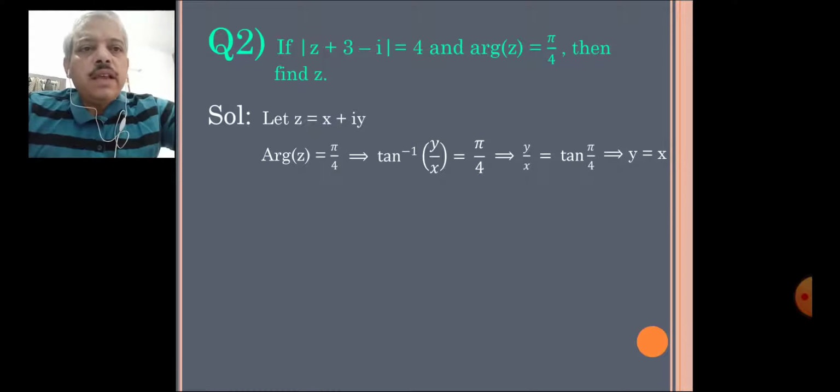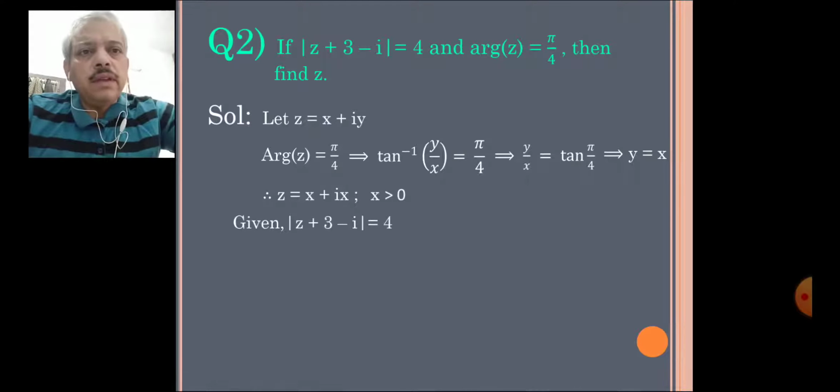So if we replace y with x in the complex number z is equal to x plus iy, we get z is equal to x plus ix, where x must be greater than 0. Now we are also given that the modulus of z plus 3 minus i is equal to 4. Replacing the value of z, we get x plus ix plus 3 minus i. Here the real part is x plus 3, whereas for the imaginary part we take i common, it will be x minus 1.